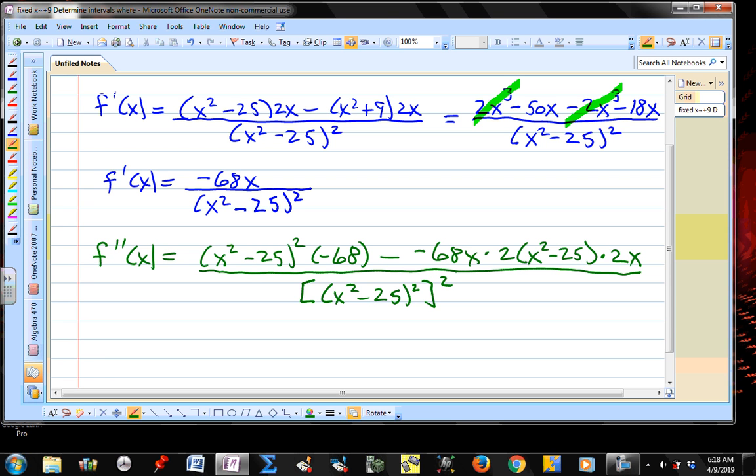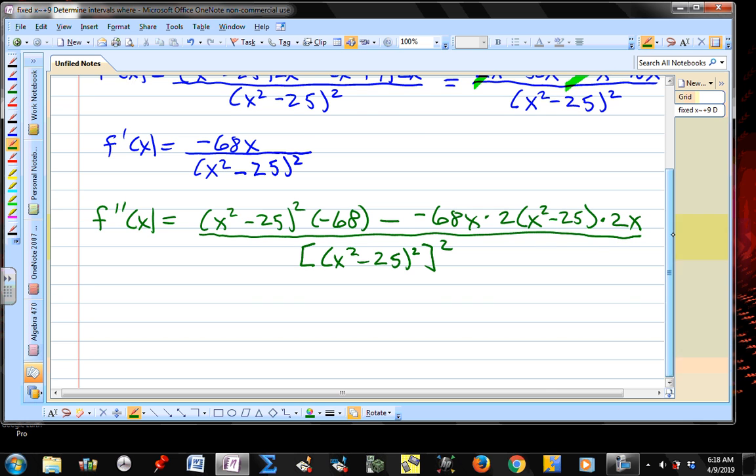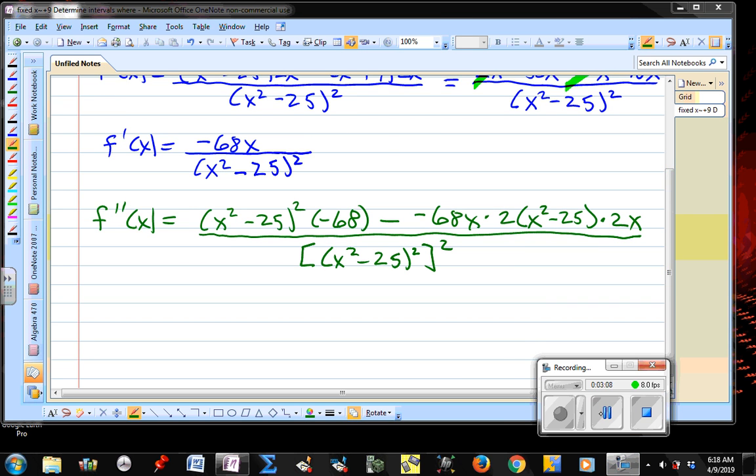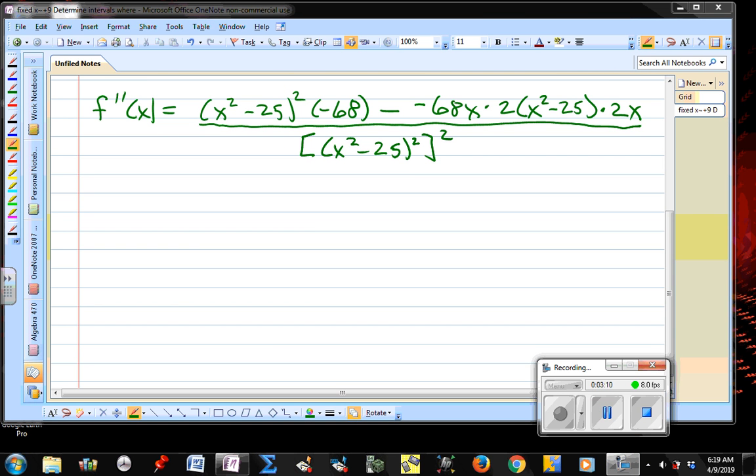All right, so let's clean up the numerator, clean up the denominator, and see what happens. For starters, you see that we're subtracting a negative up in the numerator. So we can factor out some terms.